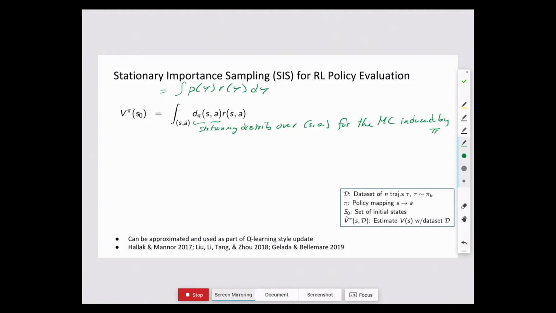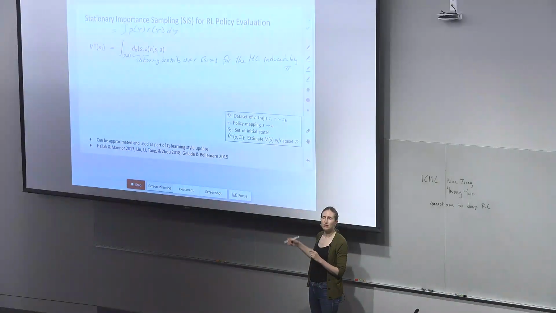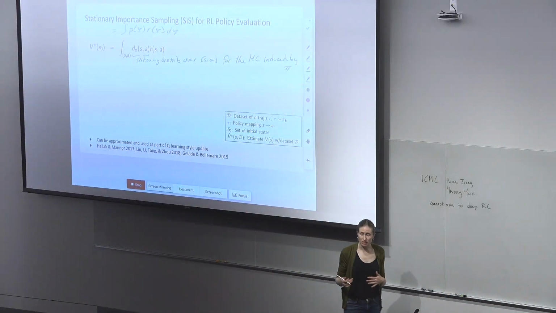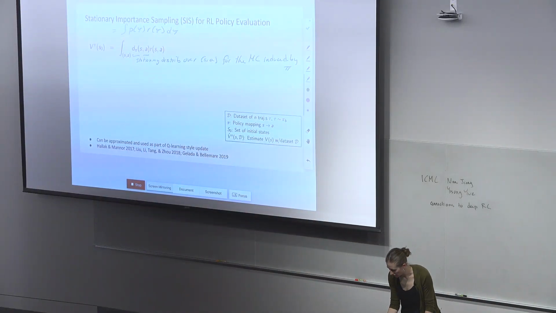So as this chain mixes, eventually we'll have a stationary distribution over states and actions times the reward for that state and action. So this is an equivalent way to think about what the value function is. Now this is making a Markov assumption. So this is assuming Markovianity.